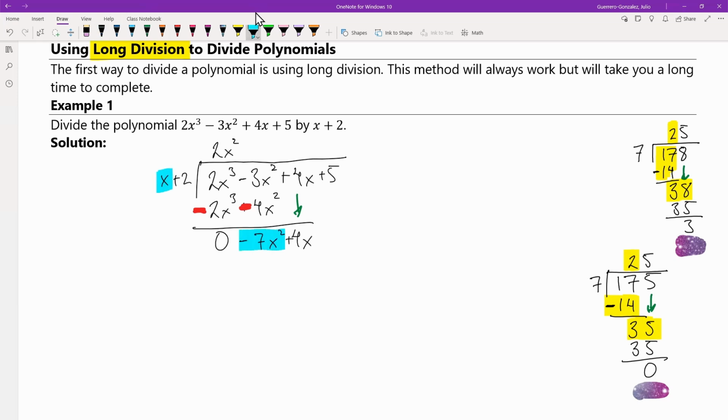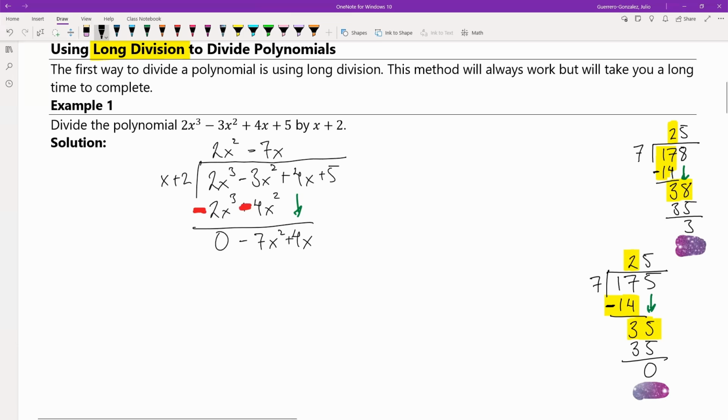X goes into minus 7x how many times? Minus 7x. I did it in the wrong order because I didn't want the highlighting to go with it. Yeah, minus 7x.